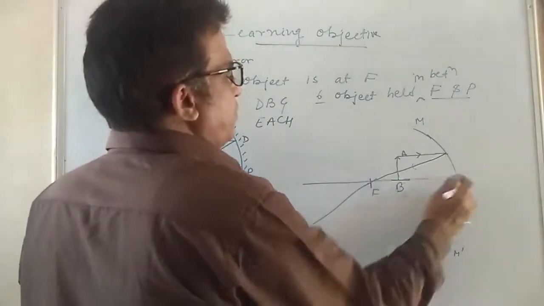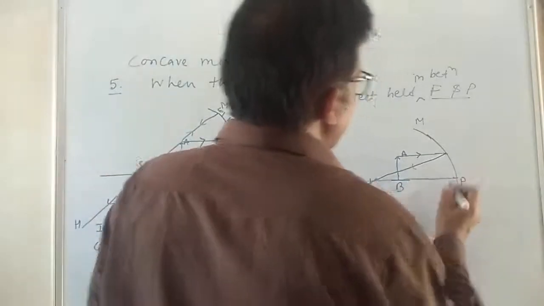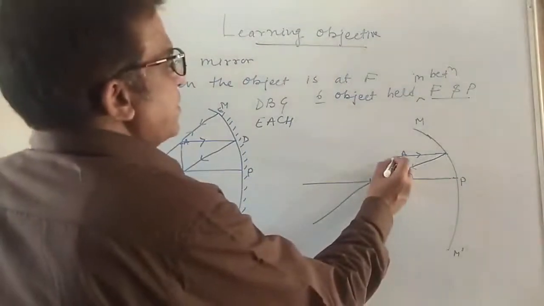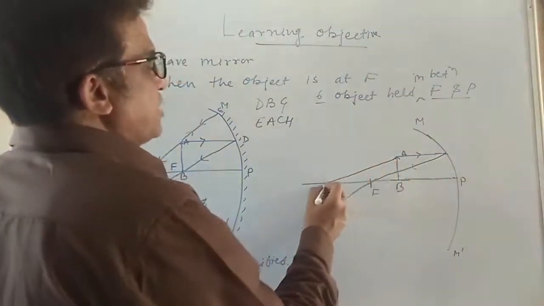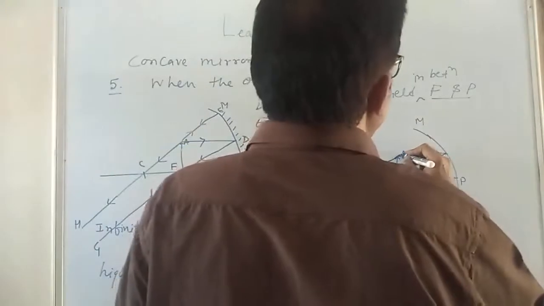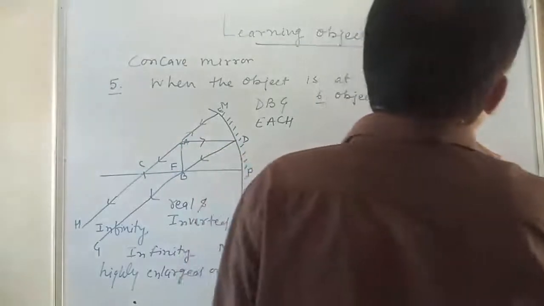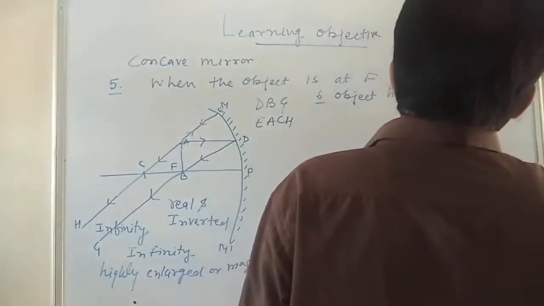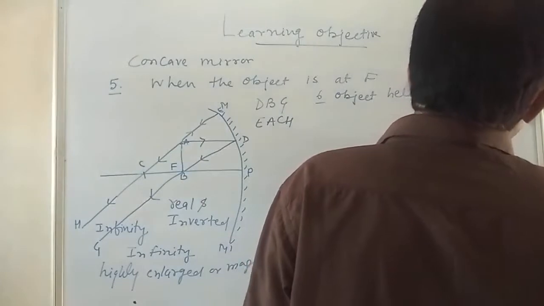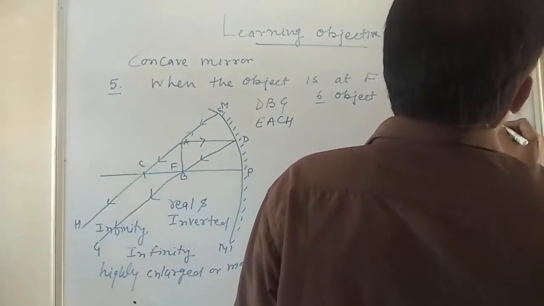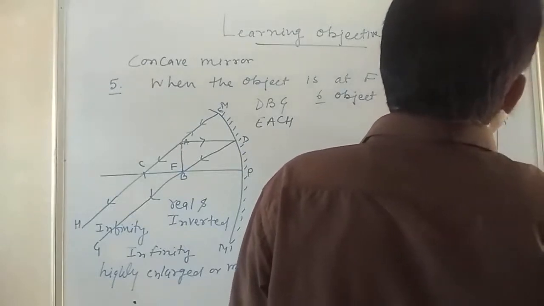The object is in between pole and focus. Another ray here which passes through the center of curvature like this. When both the rays are going back here, we are getting a virtual image. Here we are getting an erect virtual image A dash B dash.